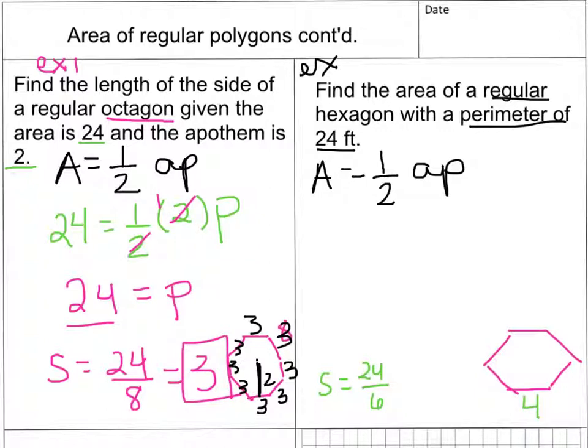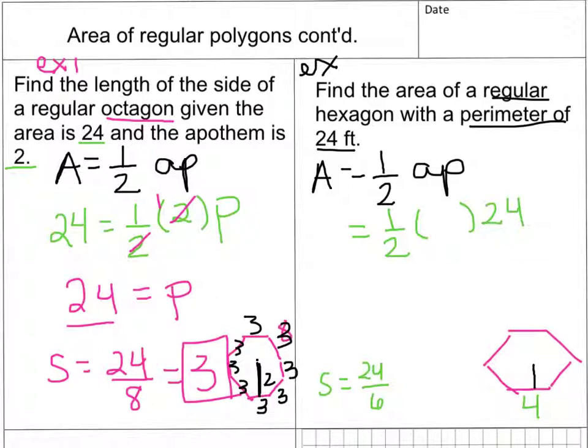I'm only going to write 4 on the bottom because we technically don't need all the other sides. What I need to find is the apothem. The perimeter I already know is 24, so let's just leave that one blank. Go back to your picture. You need to find the apothem.